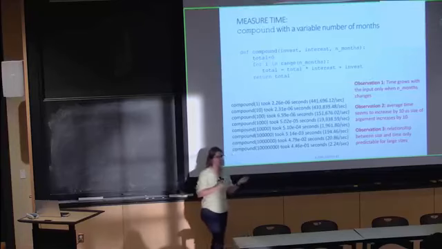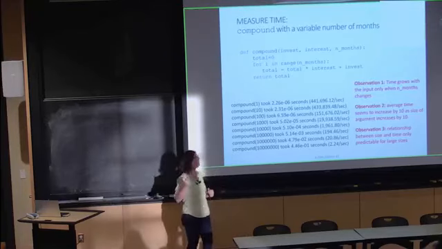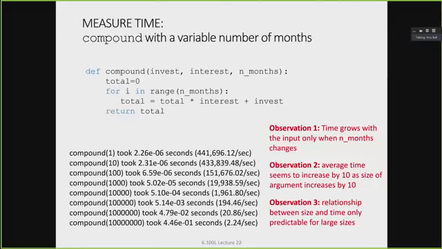Because 2 times 10 to the negative 6 can be affected a lot by just a little bit of time dedicated to something else. Whereas 4 seconds or 14 seconds, if my computer dedicates a little bit of time to something else, that 4 or 14 won't be affected as much, right? So when the numbers are big, that's when we can see the behavior of our function a lot more clearly, right? Not when the numbers are small. Okay.